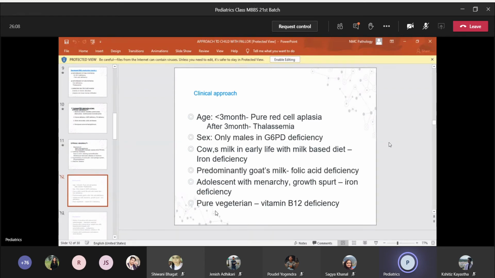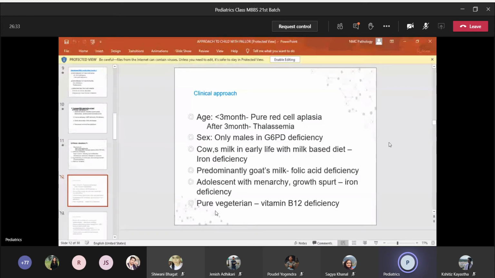If a male person is affected, then we have to think of G6PD deficiency because it is an X-linked disease, and other causes also cause anemia. We have to ask whether the patient is having cow milk other than breastfeed, totally dependent on cow milk. Then we have to think of iron deficiency anemia.